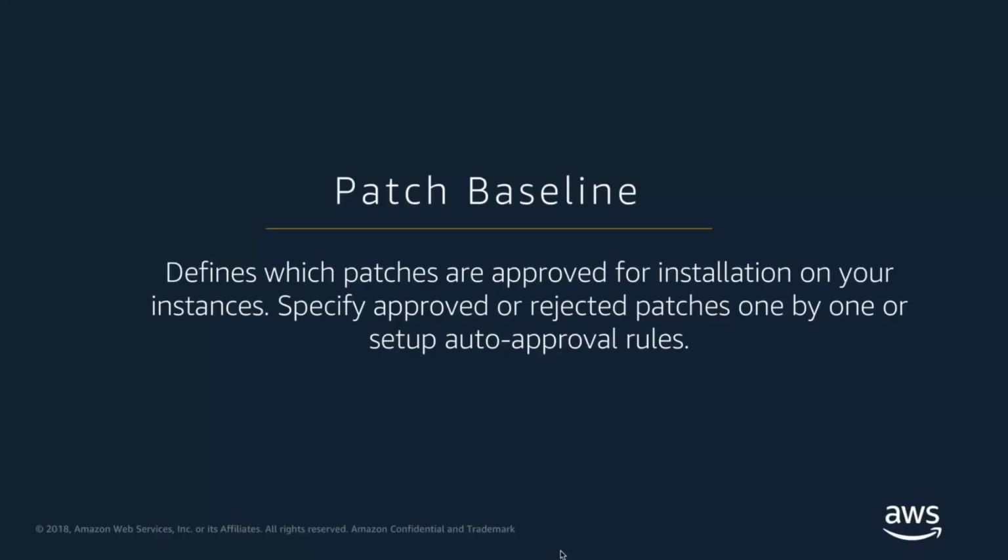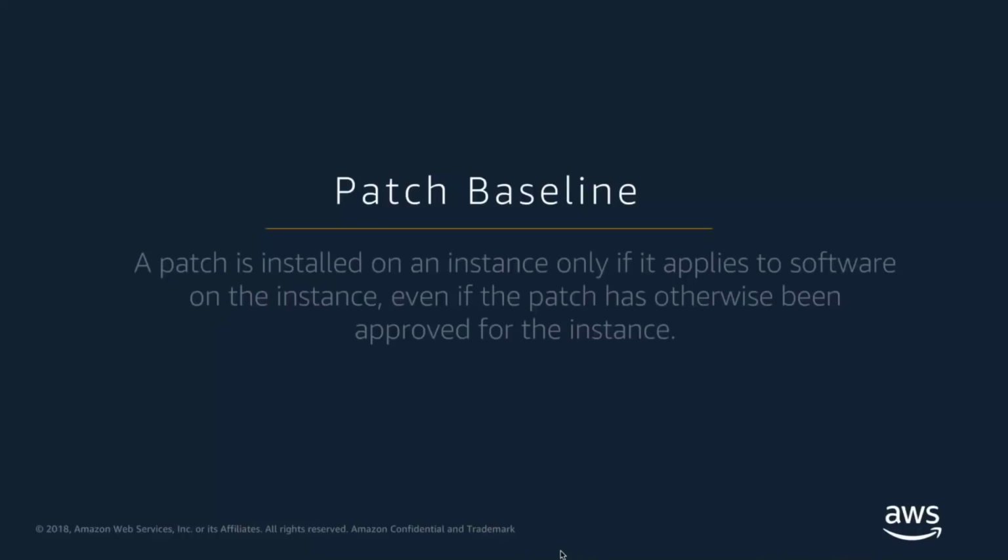You can also create auto approval rules to specify that certain types of updates, for example, critical updates, should be automatically approved. The rejected list, it's important to note, overrides both rules and the approval list. So if we explicitly reject or blacklist an update, that will never be overridden by any sort of auto approval rules that we put in place.